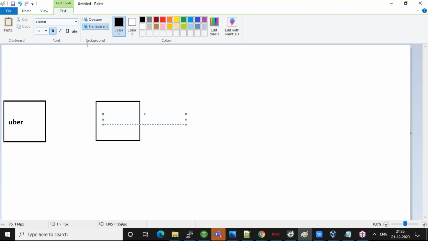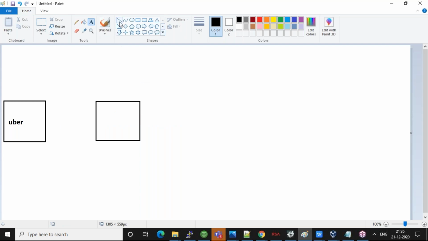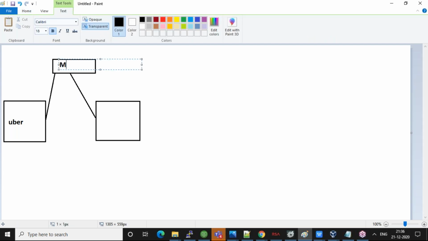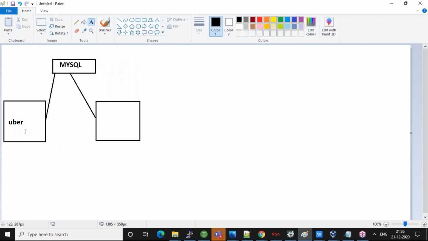Initially, this Uber data can be placed into MySQL. One more thing is there, that is Maxwell. Here this is MySQL. Initially Uber directly stores the data into MySQL.